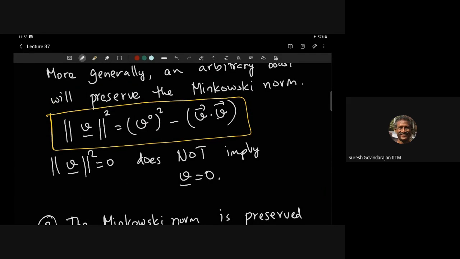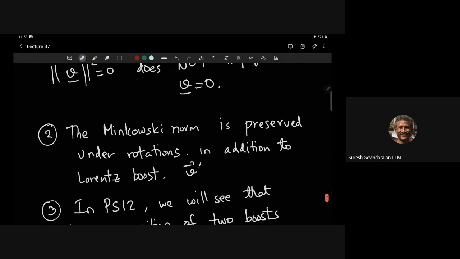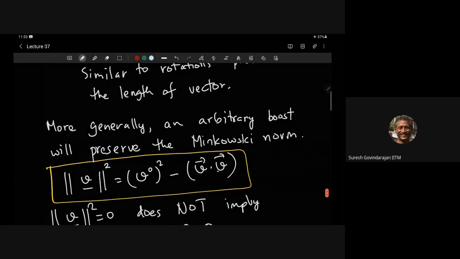But V prime dot V prime, the 3 vector, is a scalar under rotation. I'm putting 3 vectors, notice here. Okay, that's what I'm saying. No, under boost, we needed these two. See, this and this will mix. So boost is more complicated.